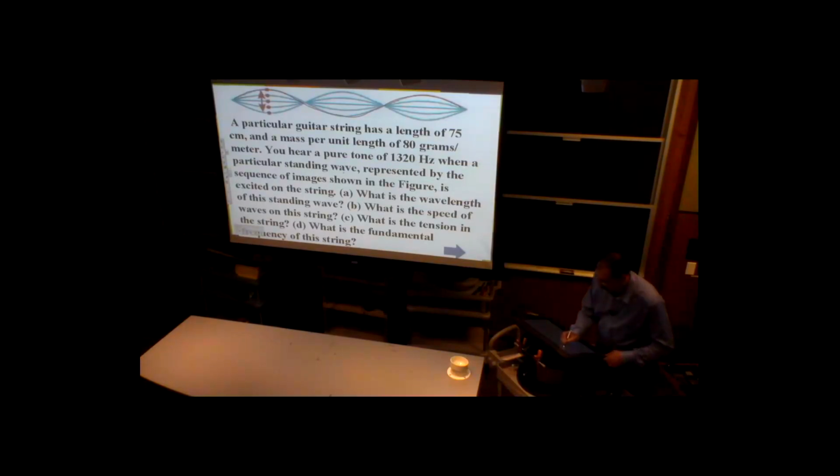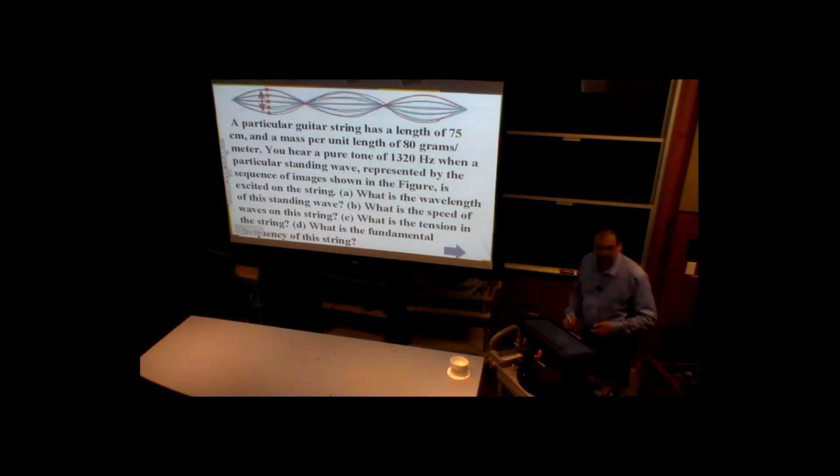Then this instant is less than a quarter of a period, because in a quarter of a period it should be a straight line, and then the next profile, oops, too much, and then the next profile. So these are several pictures related to several instances.